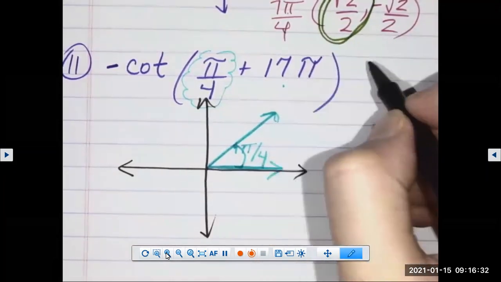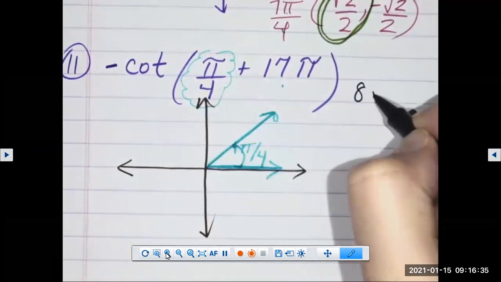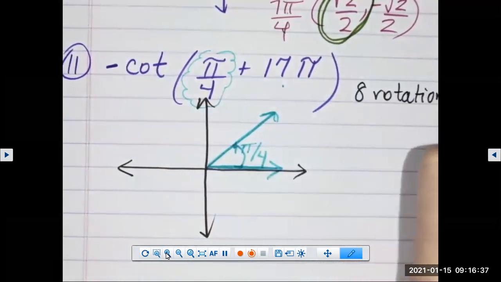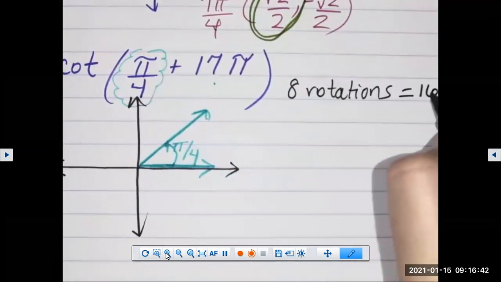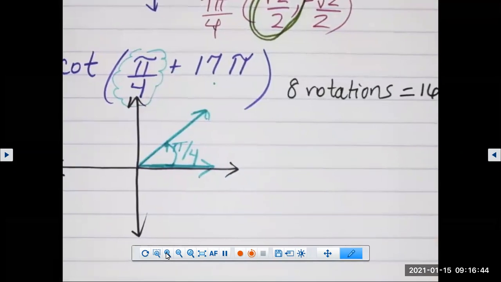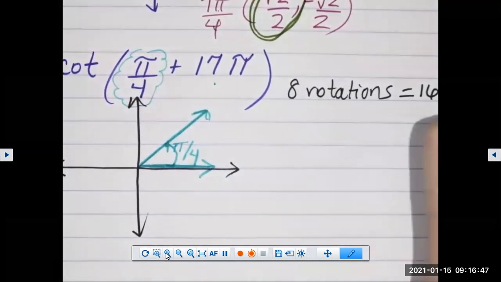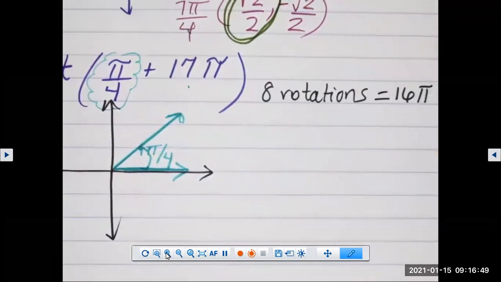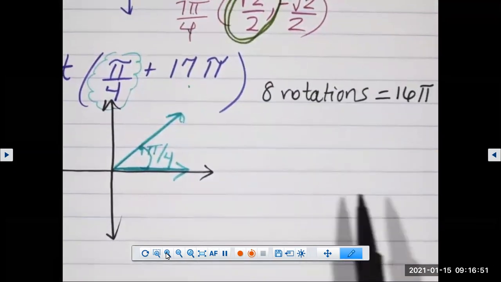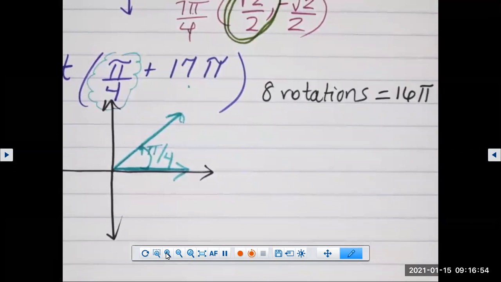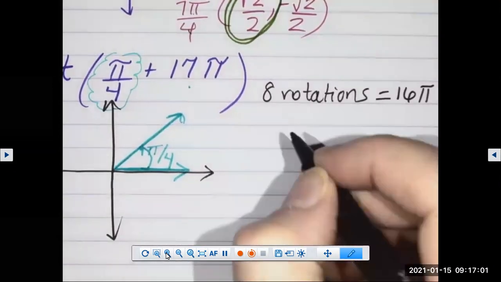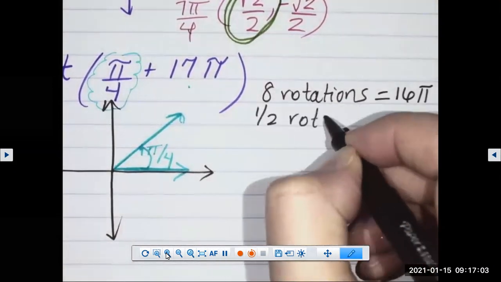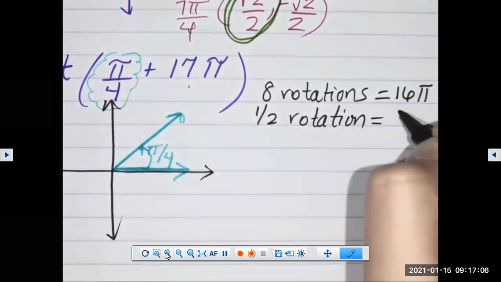You've got 8 rotations, which would be equal to what? 16 pi. So then where does a rotation of pi take you? Good, it takes you halfway around. So then you've got a half rotation left, which would be pi.